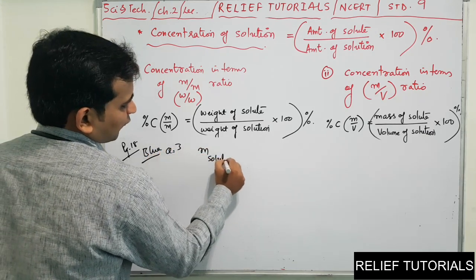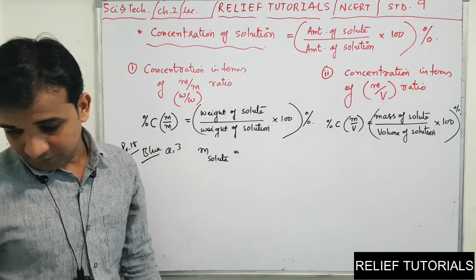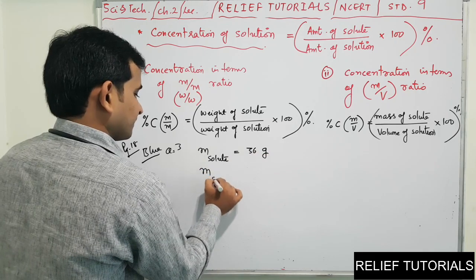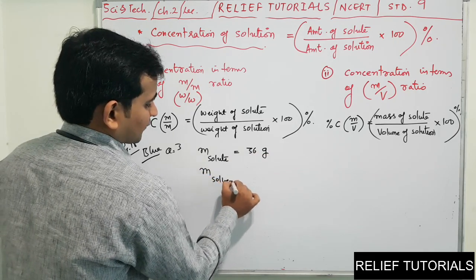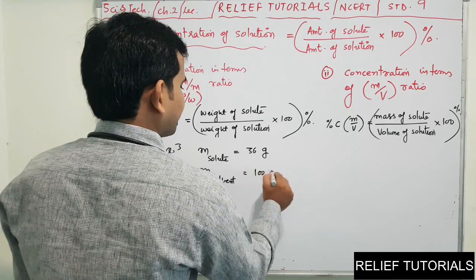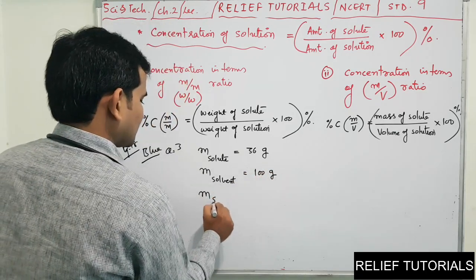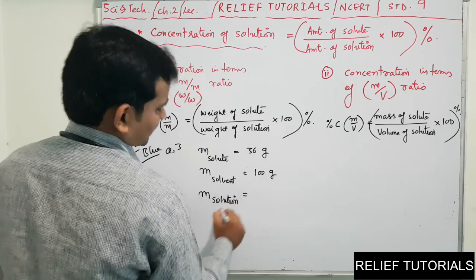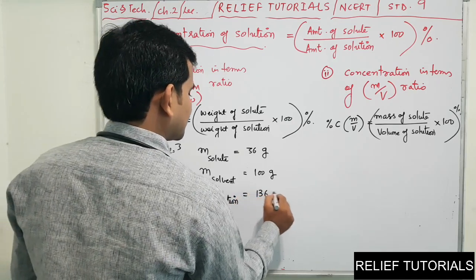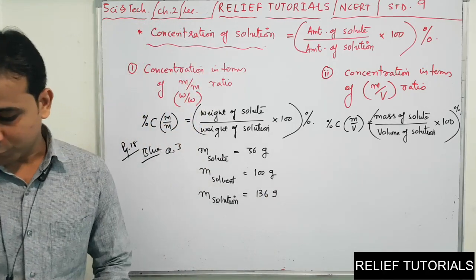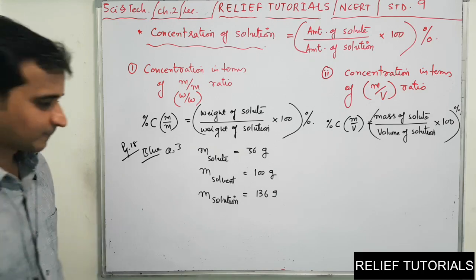Mass of solute is given as 36 gram. Mass of solvent is given as 100 gram. And mass of solution is given as 136 gram. And again you have been asked to calculate the concentration.